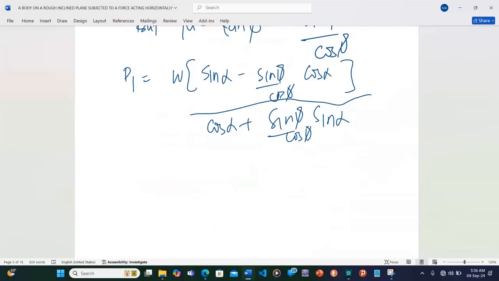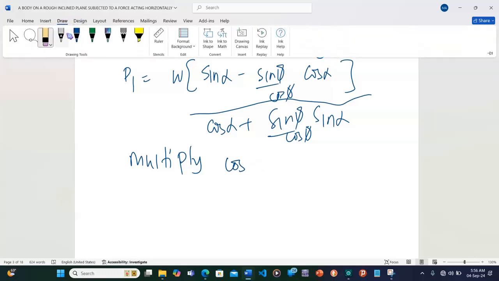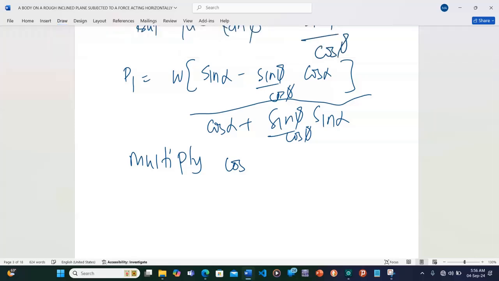So what does that mean? I'm going to multiply cos phi up and down. So that means I'm going to multiply by cos phi throughout here.